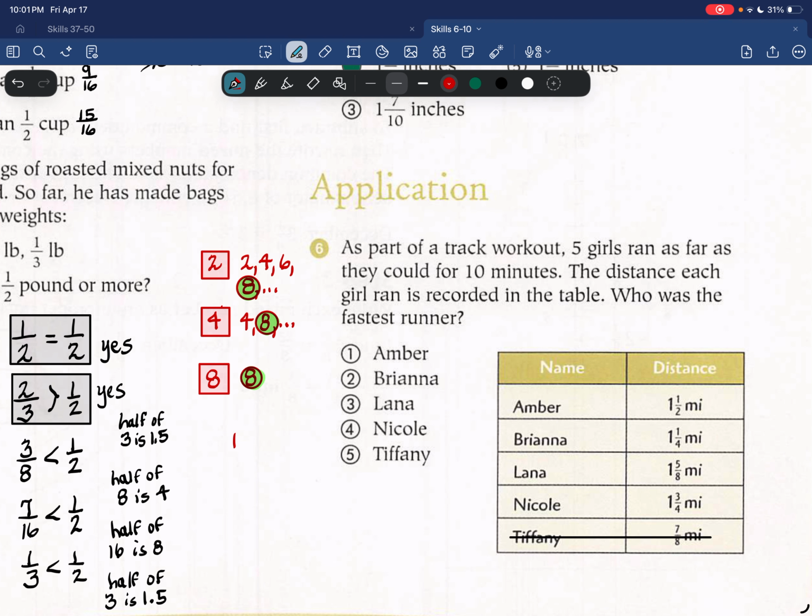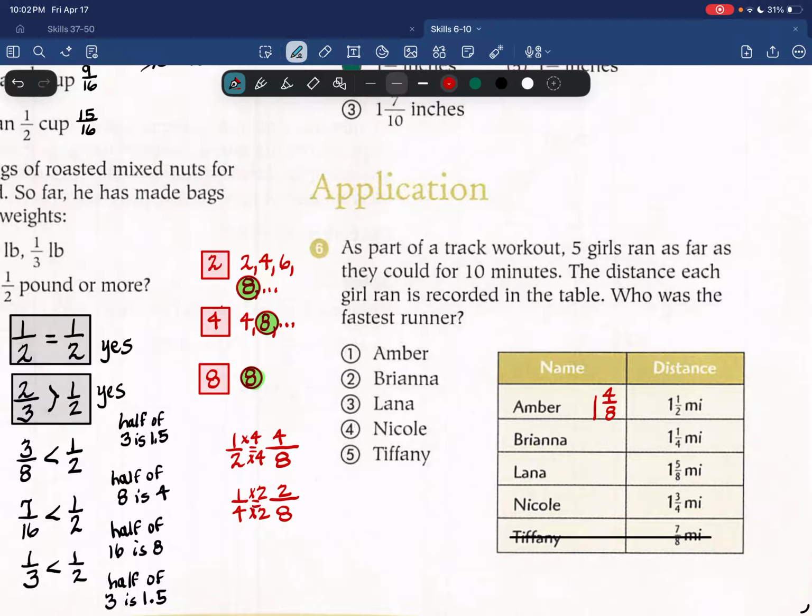We have a 1/2. We're going to raise that up to 8. So 2 times 4 is 8. 1 times 4 is 4. So Amber was 1 4/8. And then we have the 1/4 that we're going to raise up to 8ths.